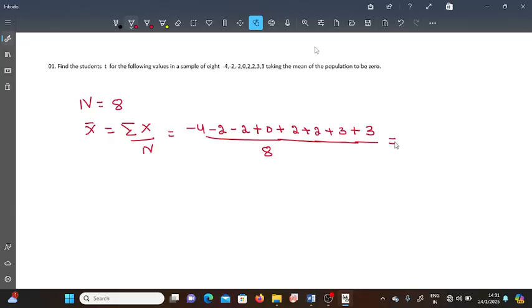If we simplify, we get 0.25. And also we need to find the sample variance, which is given by summation over (x minus x bar) whole square by n.